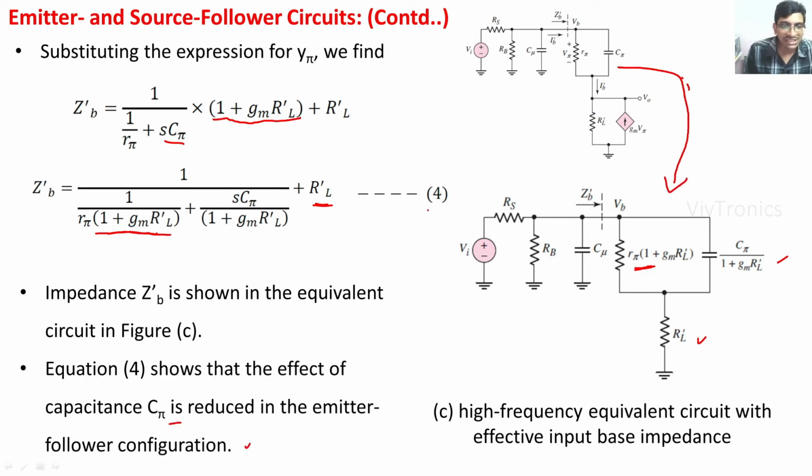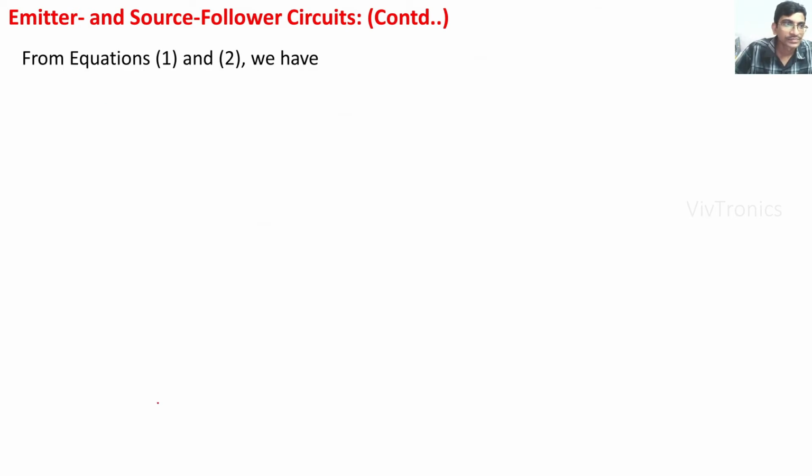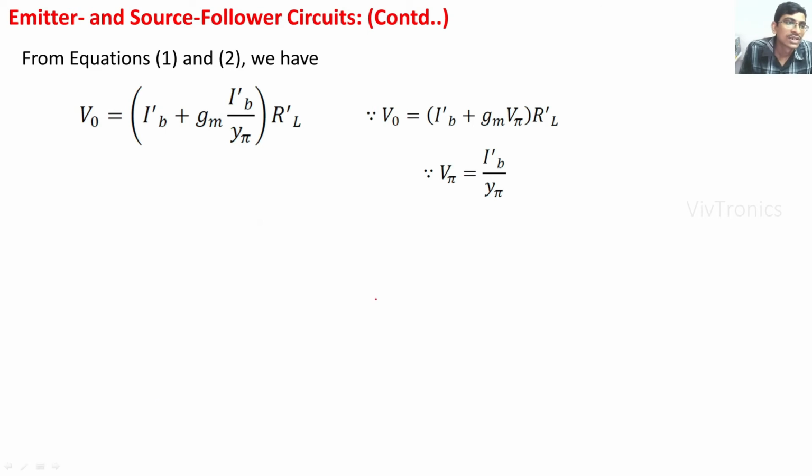From equation number 4, we can say that the effect of C pi has been reduced in the emitter follower circuit. And from equations 1 and 2, we have V naught equal to IB dash plus GM V pi into RL dash, and V pi is equal to IB dash divided by Y pi.